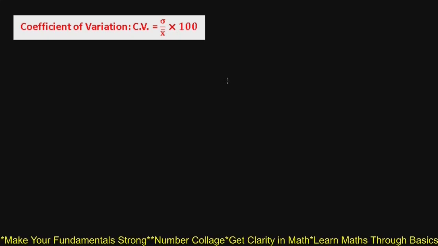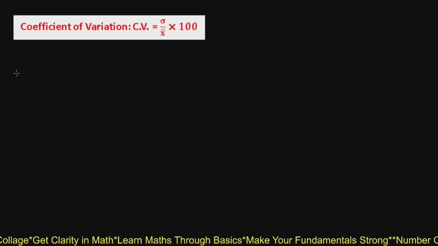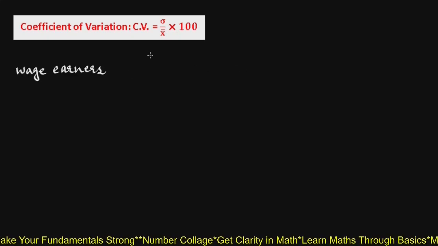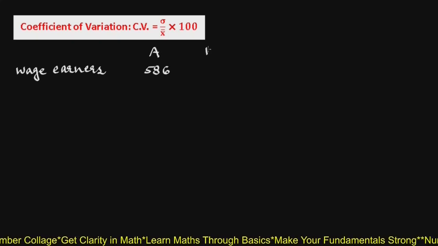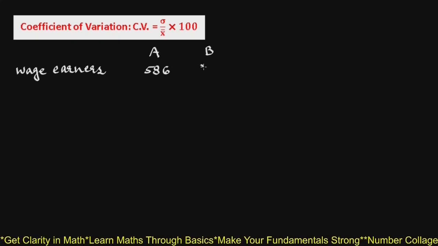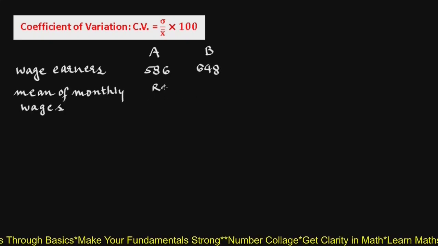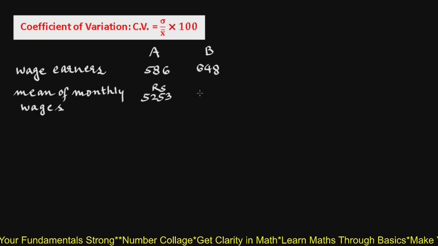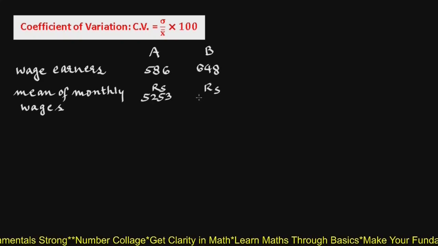Data given for a firm A and firm B is as follows. Number of wage earners for firm A is 586 and that for firm B 648. Mean of monthly wages for firm A is rupees 5253 and that for firm B is the same, rupees 5253.